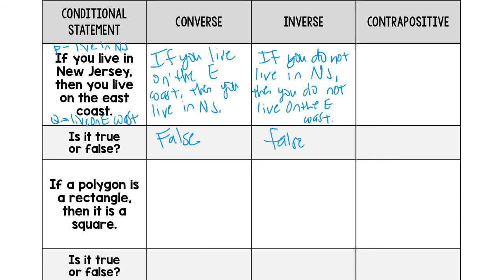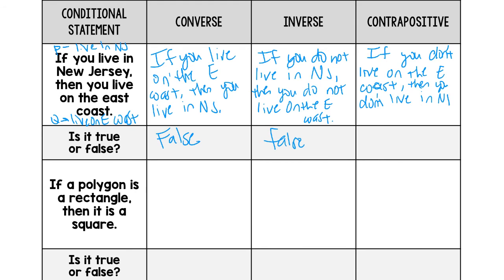So if you do not live in New Jersey, you could live in Maine and still live on the East Coast. Contrapositive. That one's going to be if you don't live on the East Coast, then you don't live in New Jersey. Well, if you don't live on the East Coast, then it's impossible for you to live in New Jersey. So that one is true.